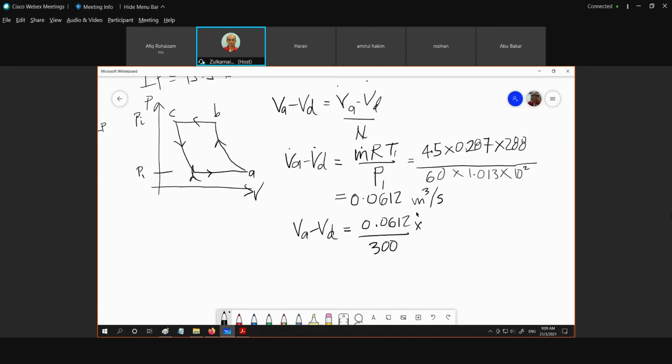Nak tukar RPM to RPS bagi 60 kan? Betul kan? Dia punya N adalah 300 revolution per minute. So minit ni kita tukar per saat jadi 60 ni atas. Apa kita dapat?